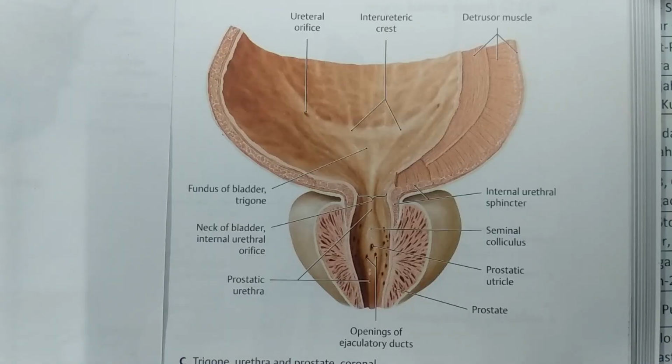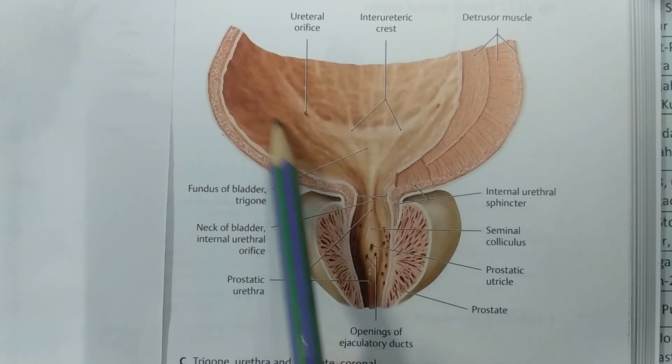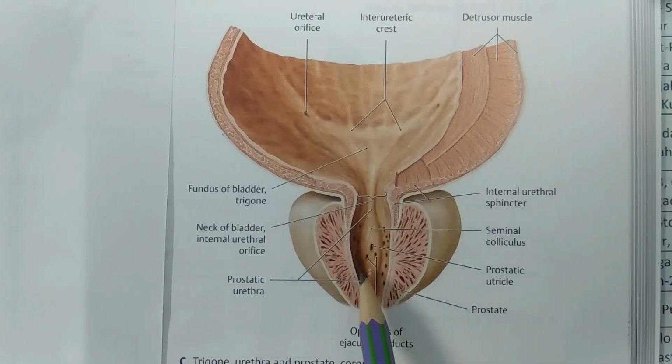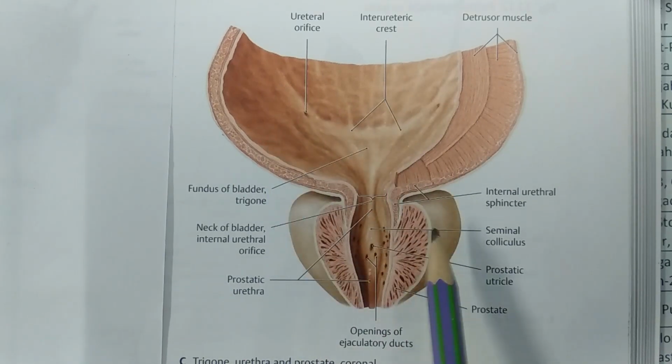Students, now let's talk about the structure of the urinary bladder and the interior structures of the urinary bladder. When we talk about the structure of the bladder, here we have taken this picture. This is a coronal section, anterior view showing the trigone, interior of the bladder, urethra and the prostate.